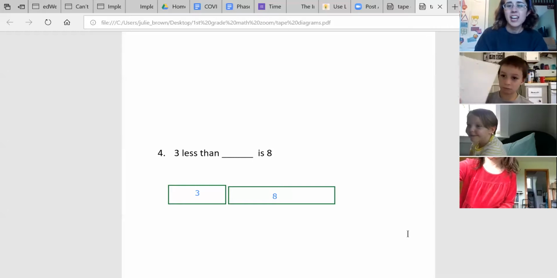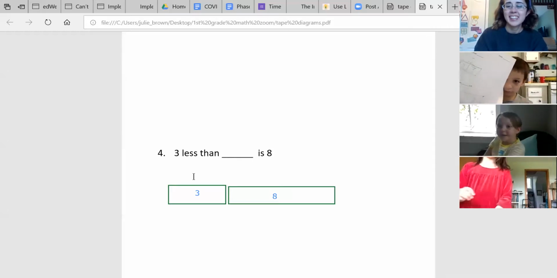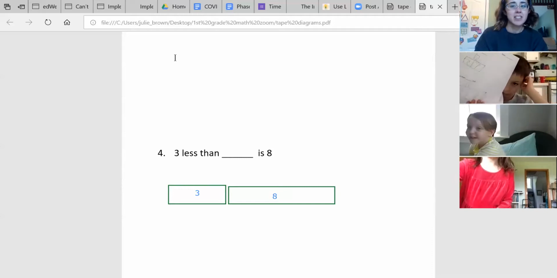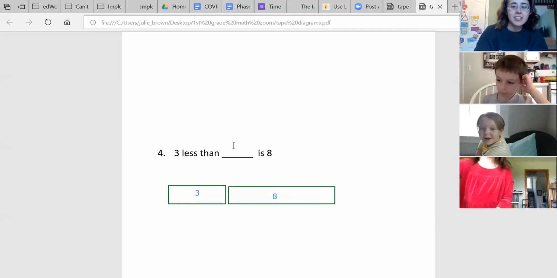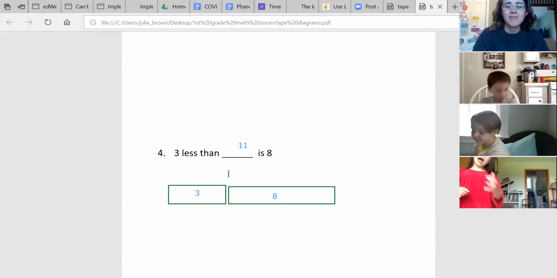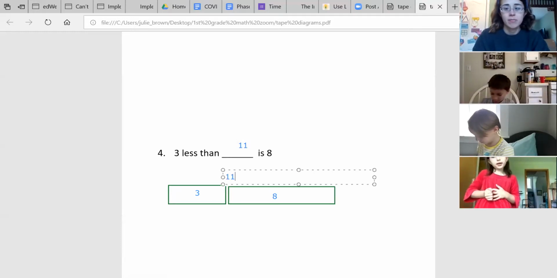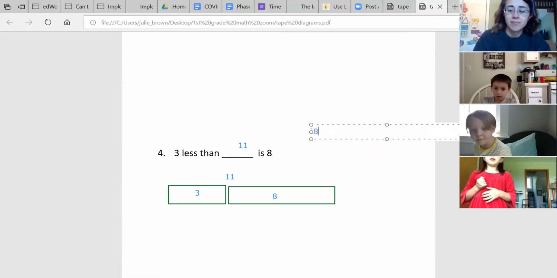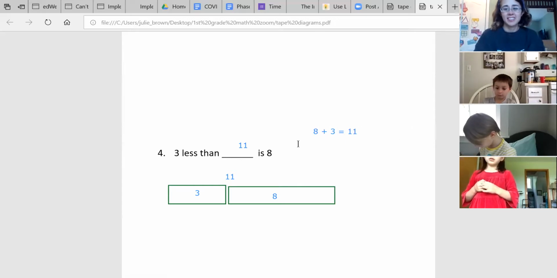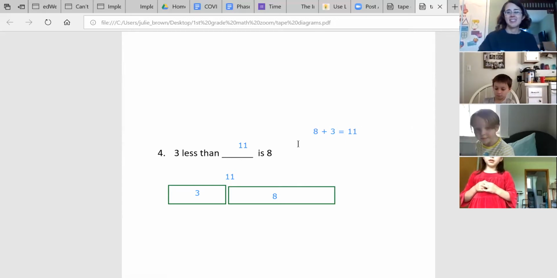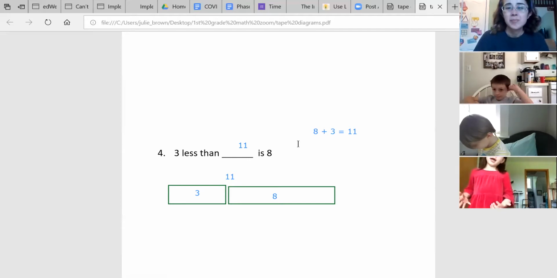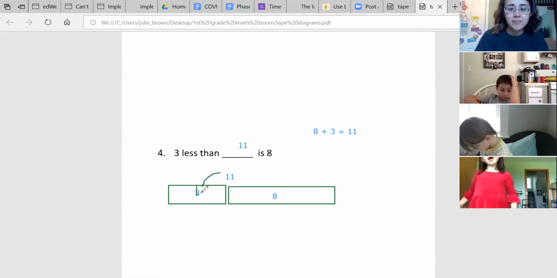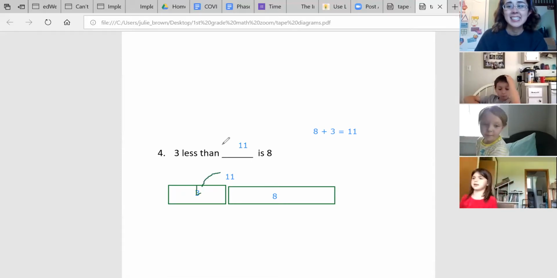Do you think it's 11, Andrea? Yeah. Okay, how did we get 11? Did you want to add? Did you want to subtract? You add, so 8 plus 3. So you take away 2 from 3 because 2 plus 8 equals 10, and then you forgot that little 1 that was missed out, and then you add 1 plus 10, and that would equal 11.